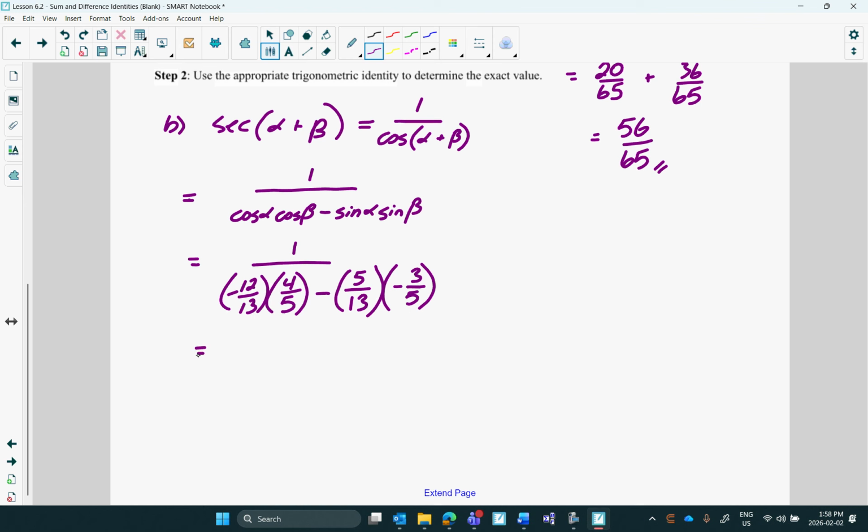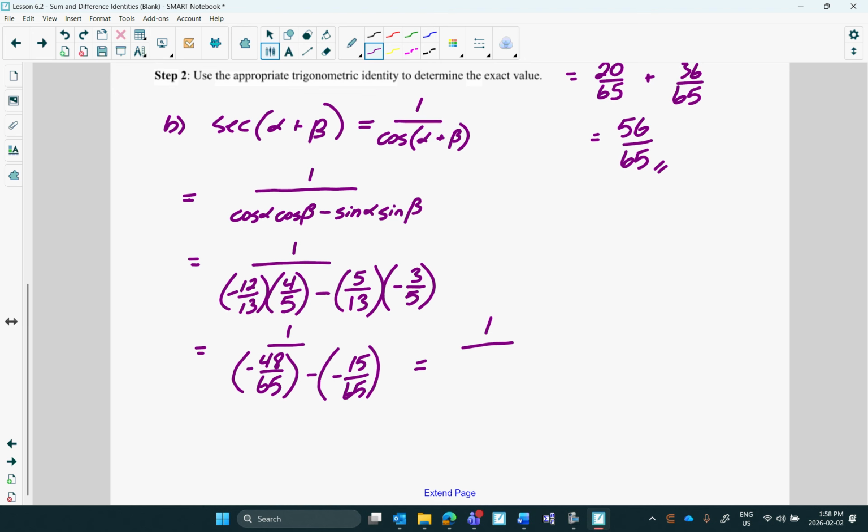That gives me 1 over negative 48 over 65 minus negative 15 over 65, which actually turns to plus, doesn't it? So what's negative 48 plus 15? 33.